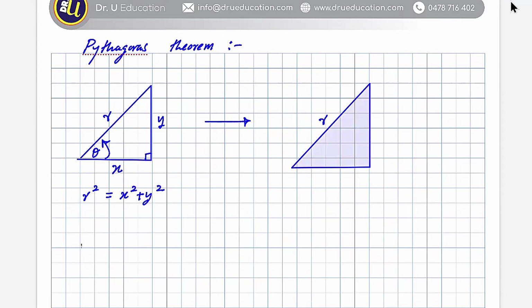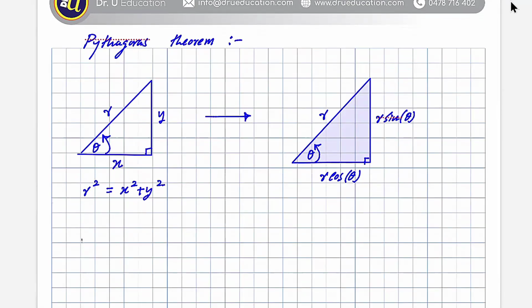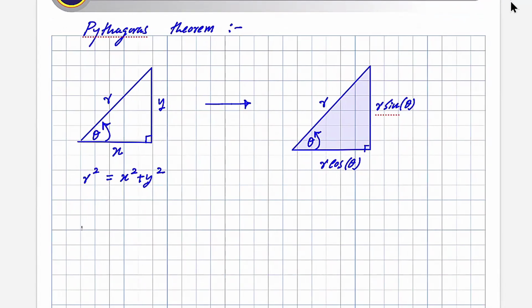So if this is r and this is theta, my opposite is going to be r sine theta. This is going to be r cosine theta. R sine theta, r cosine theta, right? So now before we had r, x, y, now y and x was replaced by r and theta.